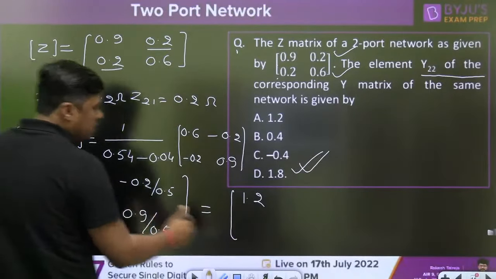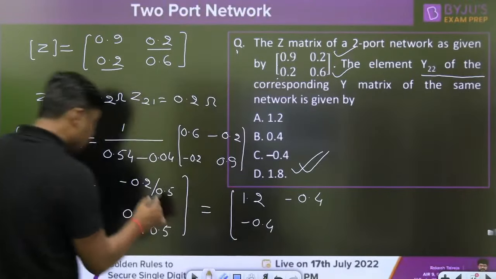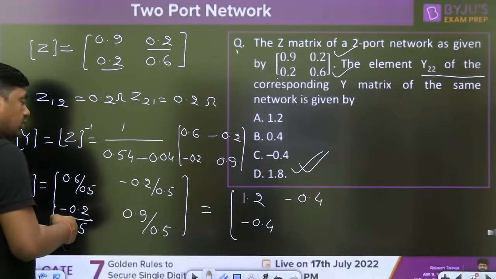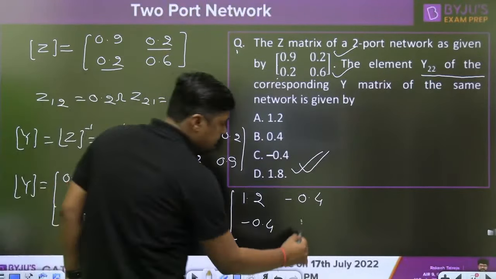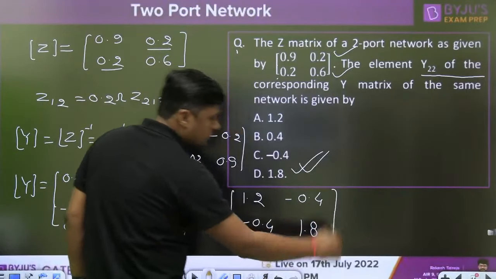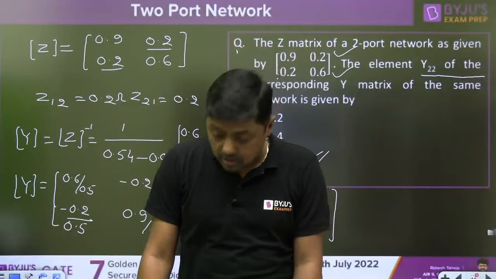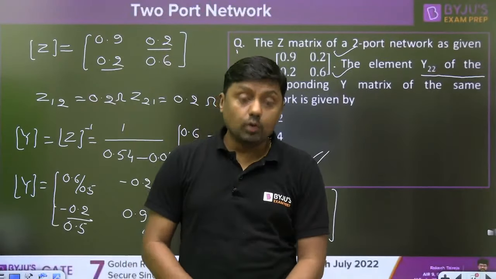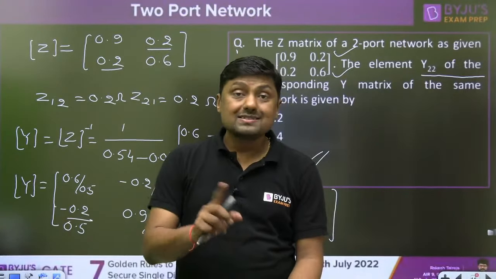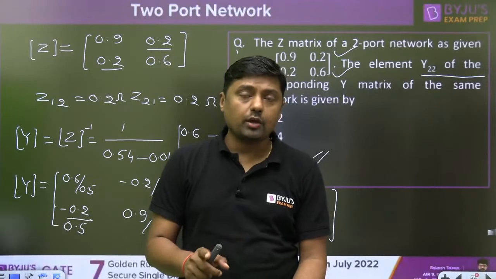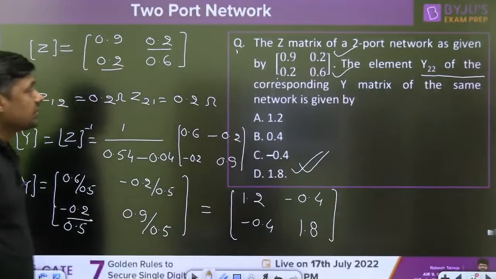This is minus 0.4, and this is minus 0.4 because it is a symmetrical reciprocal network. That's why Y12 is equal to Y21, and this is 1.8. Okay, so if the network is reciprocal, yes Hema, your answer is correct. If the given matrix is the matrix of a reciprocal network, Z12 is equal to Z21, and that's why Y12 is equal to Y21. That is the correct one. Next.